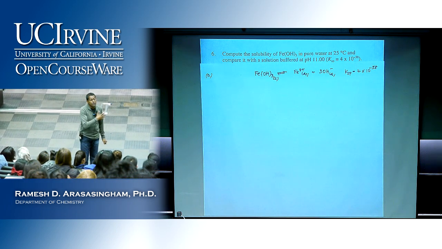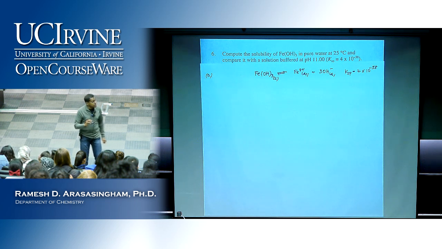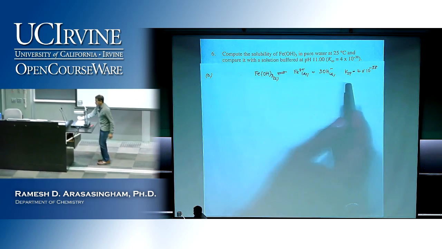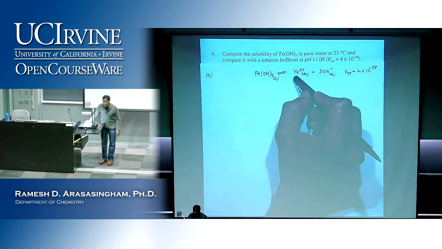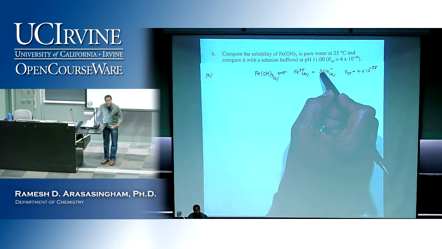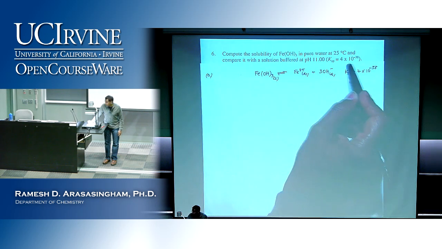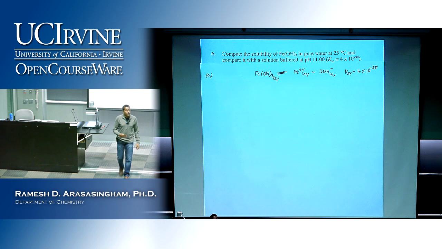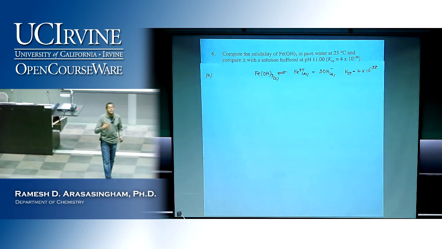So this number is much, much smaller than KW. And the reason I'm taking this example is that now, because this KSP is so small, that means the amount of iron and hydroxide is going to be really, really small. All right? For a value this small, you cannot ignore the hydroxide ions that come from pure water.